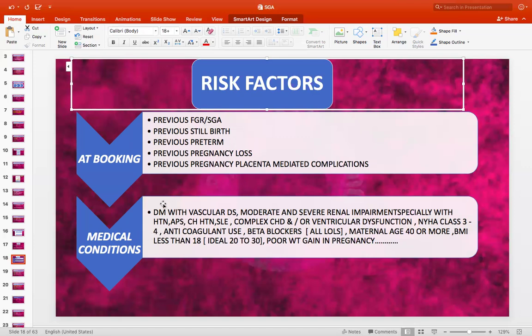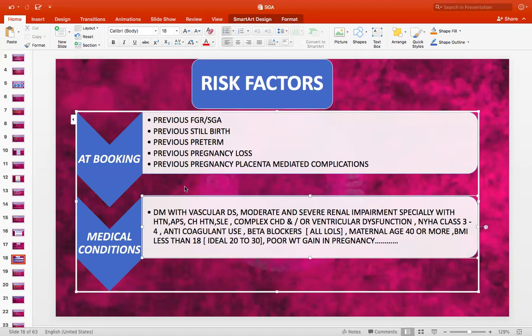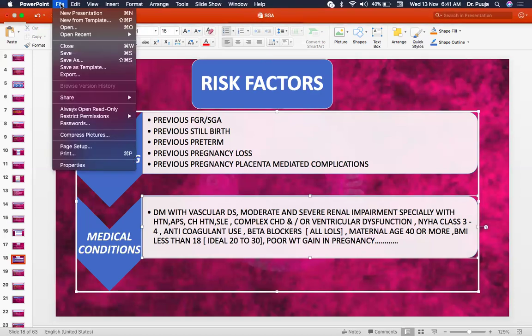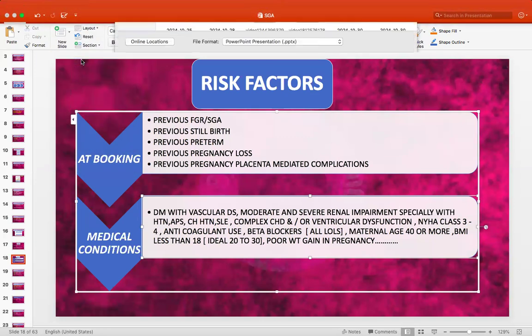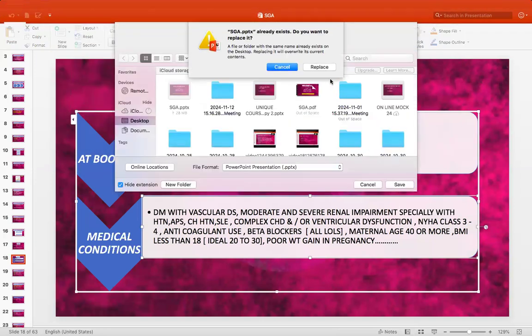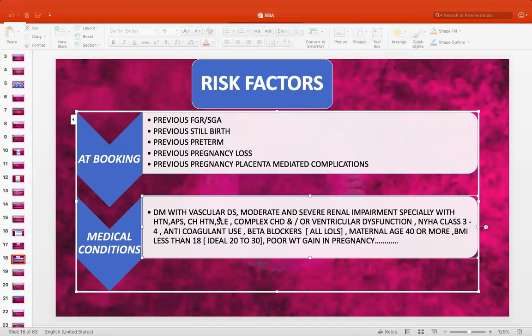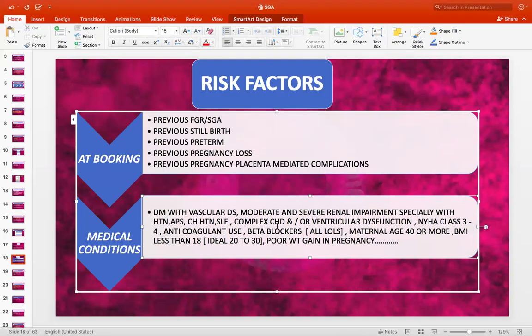Now, medical conditions: diabetes with vascular disease, moderate and severe renal impairment, especially with hypertension, antiphospholipid antibody syndrome, chronic hypertension, SLE, complex congenital heart disease and/or ventricular dysfunction, NYHA class 3 and class 4, anticoagulant use, beta blockers that include all the -lols, labetalol and other -lols.